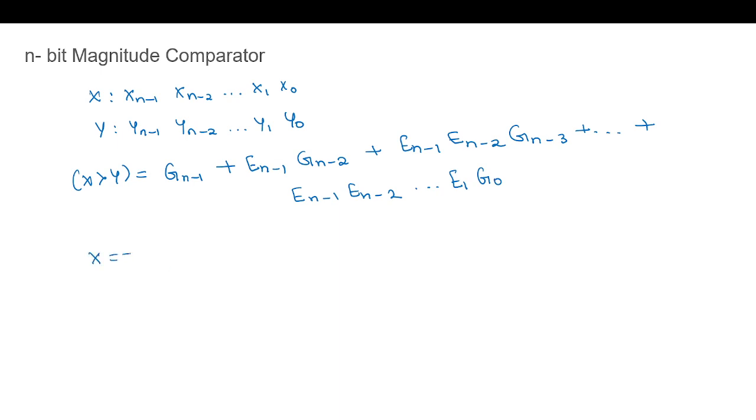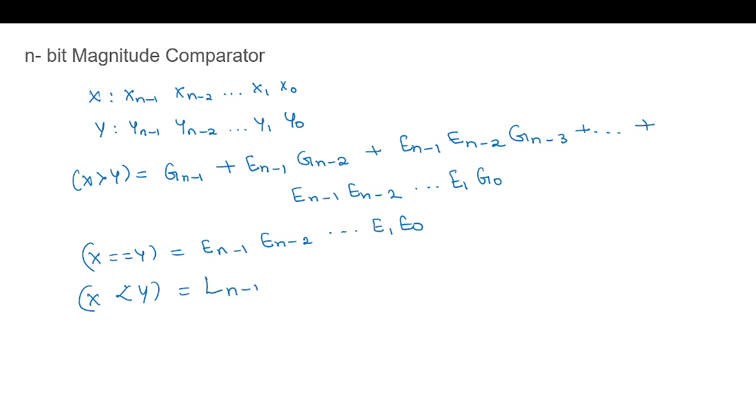The same way we are extending the same 2-bit formula for n bits.